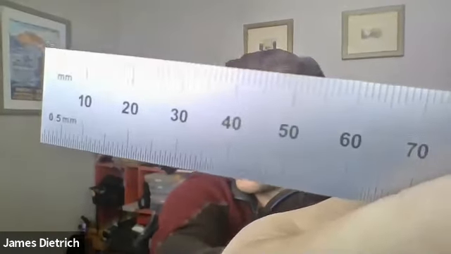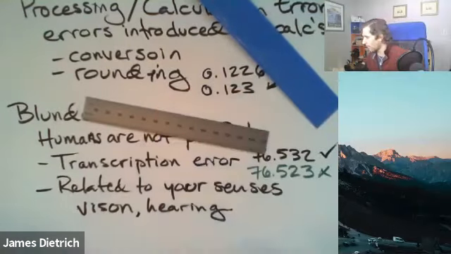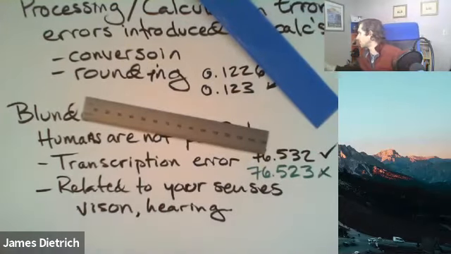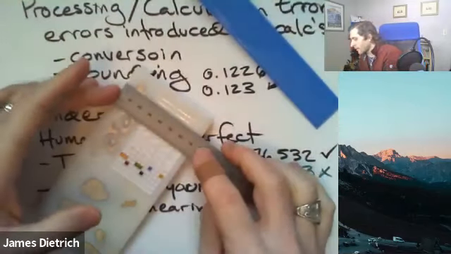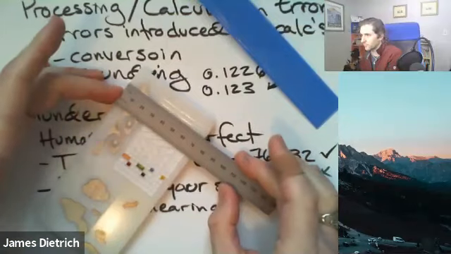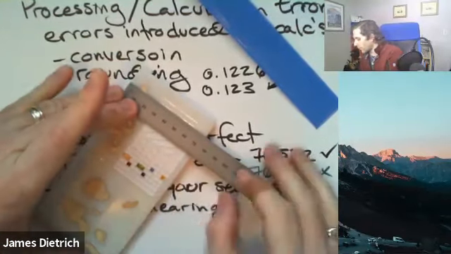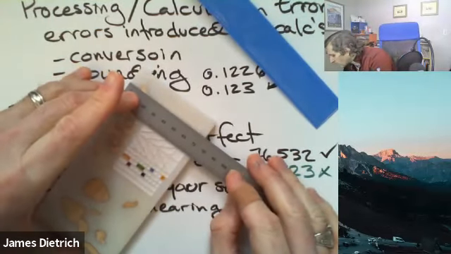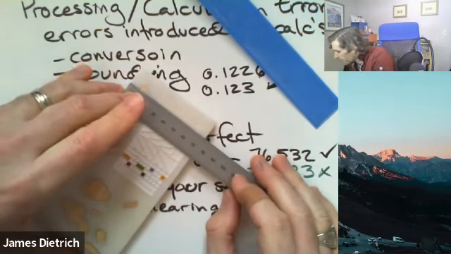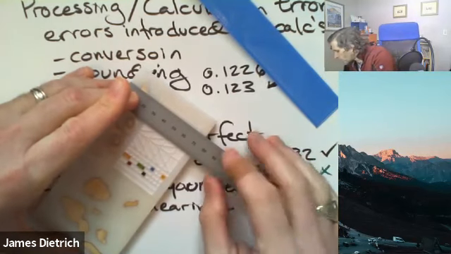So if I've got this down on my page and I'm trying to measure something, a slab of marble from an art project, the width of this piece of marble, part of the blunder could be that I'm looking down at this and my vision's not that great today. I've got something in my eye, so I'm going to say 75 millimeters.